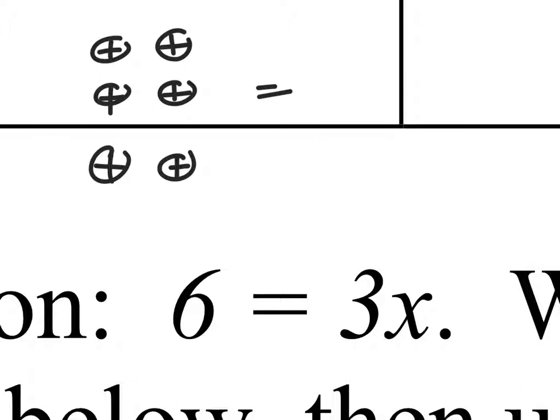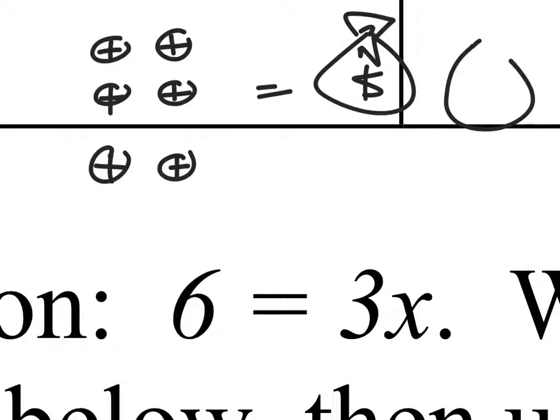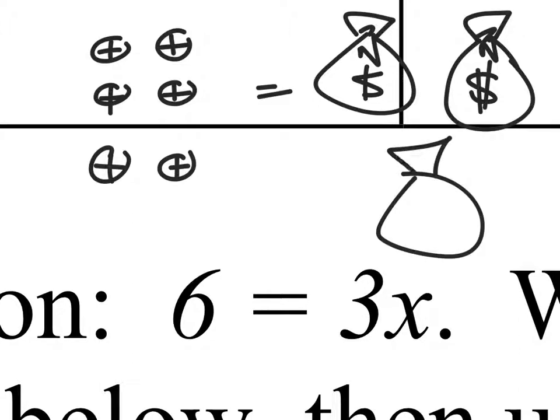And all 6 of these would be considered to be in 3 bags of coins. So we got 1 bag, we got 2 bags, and we got 3 bags. 3 bags of coins. Now each bag has to have the same amount, right? Each bag, by the way, is representing an x.